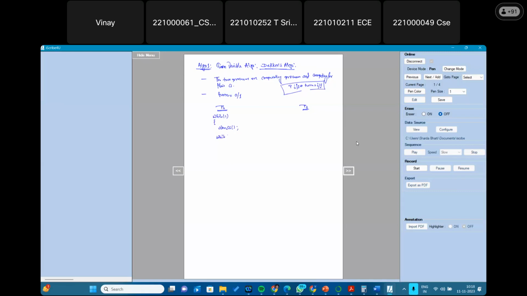I will explain it first. Let me write. Okay, so you can see that I have written some lines of code, that if P1 wants to execute, while 1 means while true.